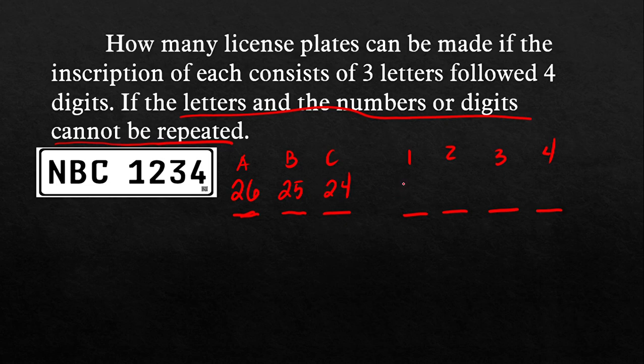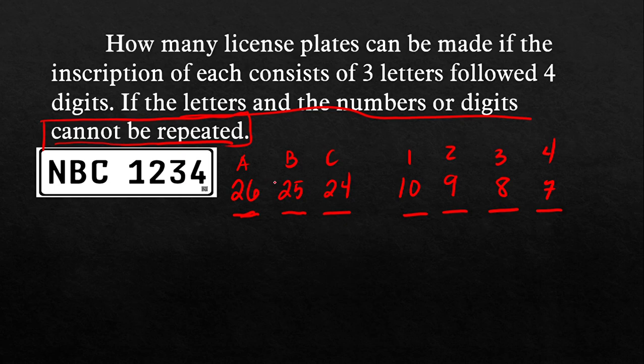How about the digits? For the first digit, we have 10 choices. Second digit, you only have 9. Third digit, you only have 8. And the fourth digit, you only have 7. It cannot be repeated. Please remember that.